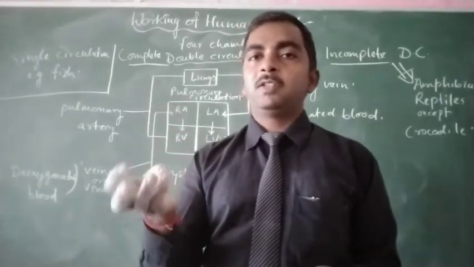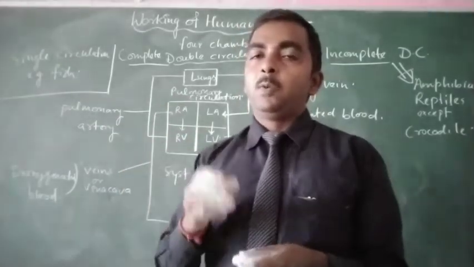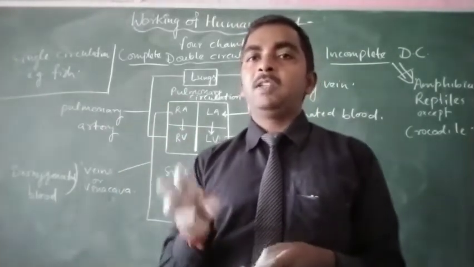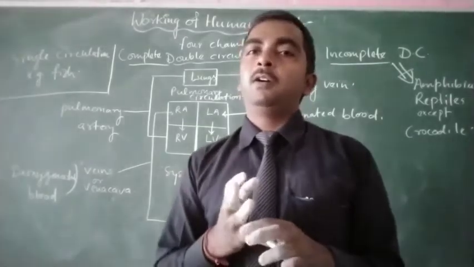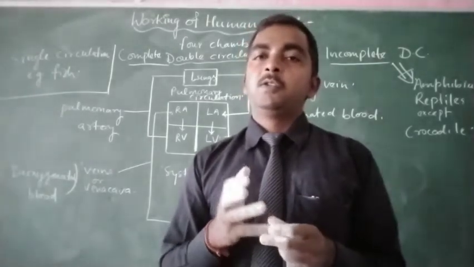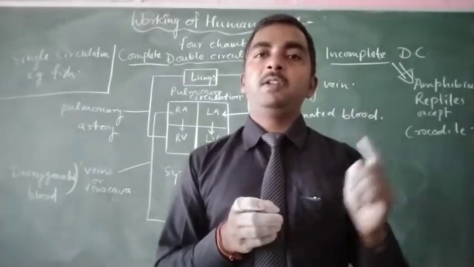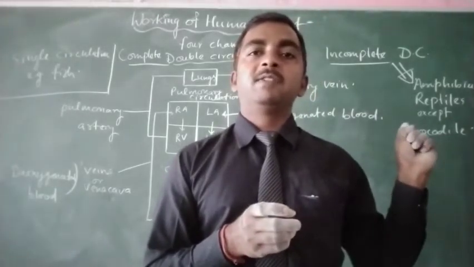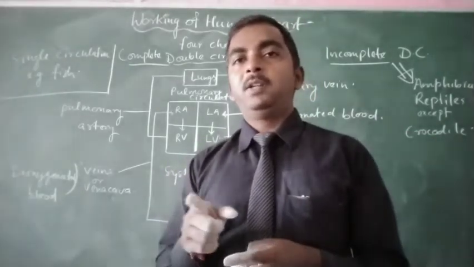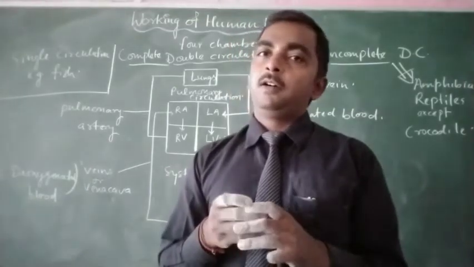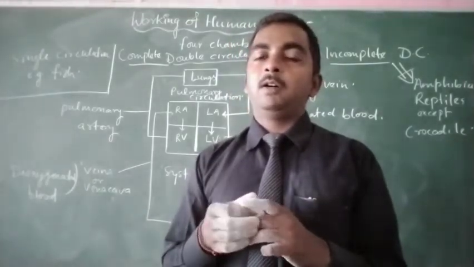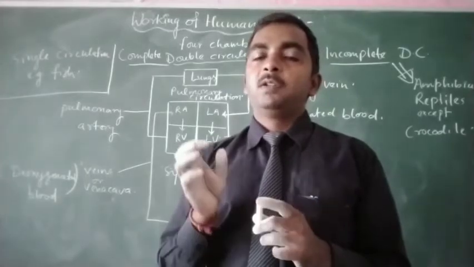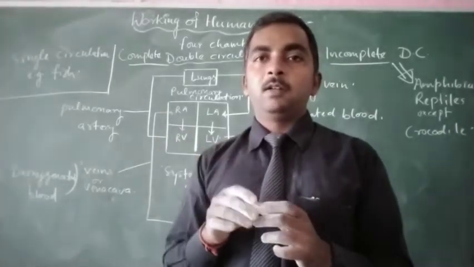Single circulation is found in fish, while double circulation is of two types: incomplete double circulation and complete double circulation. Incomplete double circulation we study in amphibians and reptiles, while complete double circulation we observe in birds and mammals.